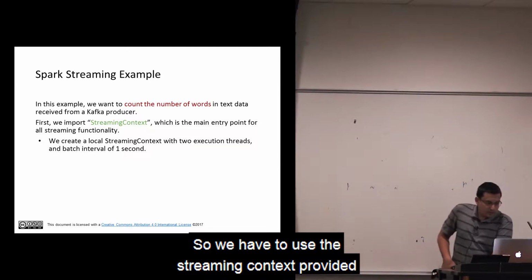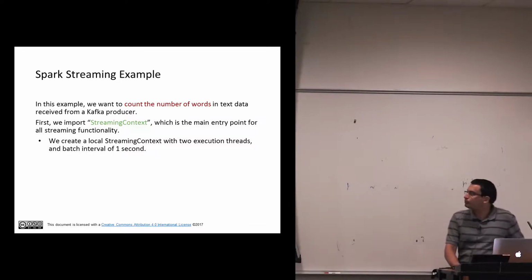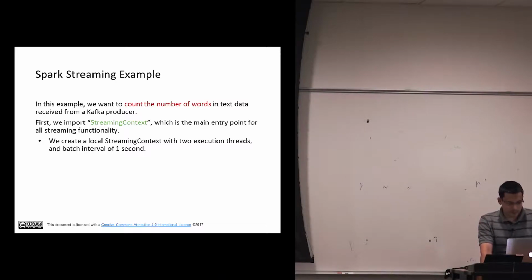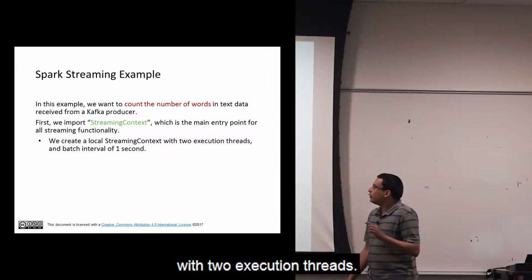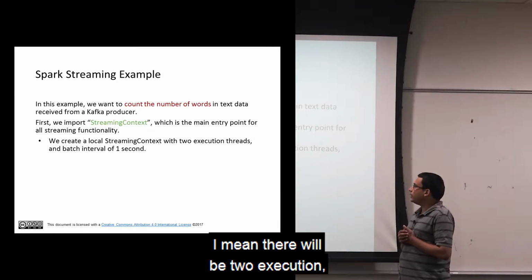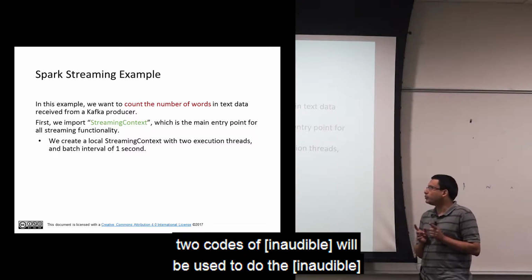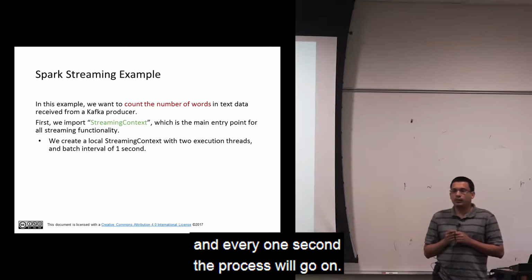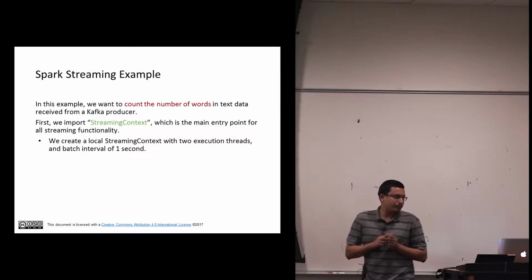We have to use the streaming context provided by the Apache Spark framework library, and we will create a local streaming context with 2 execution threads. I mean, 2 cores of your machine will be used to do the processing job, and every 1 second the process will go on. So the batch interval is set to 1 second now.